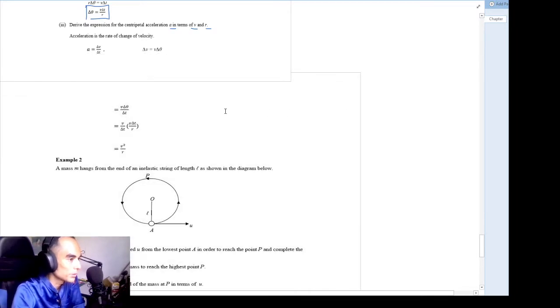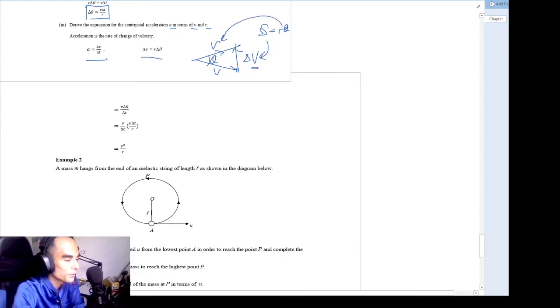We have done this before. a equals change of v over t, and using the vector diagram, from s equals r theta, s is actually change of v, r is actually v, and theta is theta.